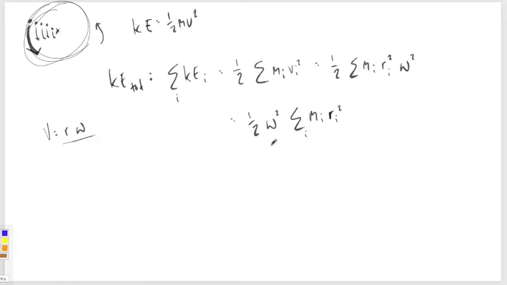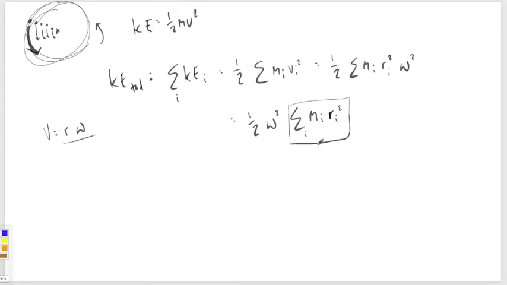So this should look pretty familiar. Kinetic energy is 1/2 mv squared. Right now I have 1/2 this thing times omega squared. So omega, remember, is the rotational or angular velocity. It's squared. Velocity for normal kinetic energy is squared.